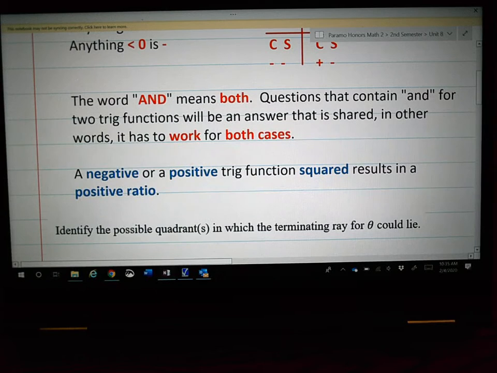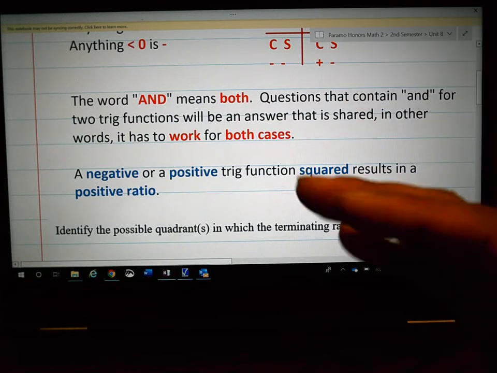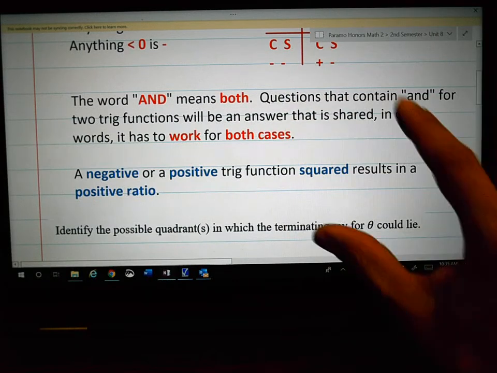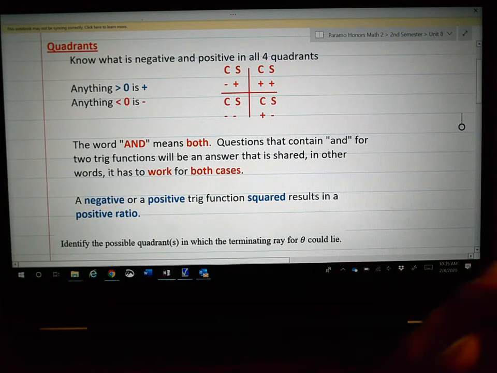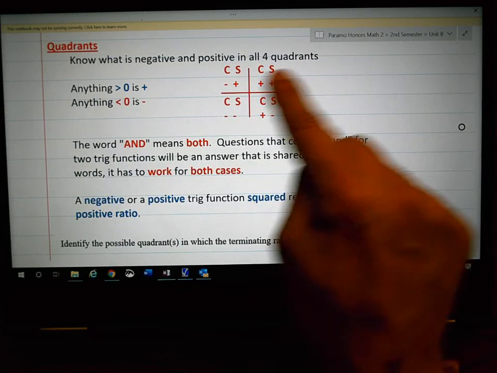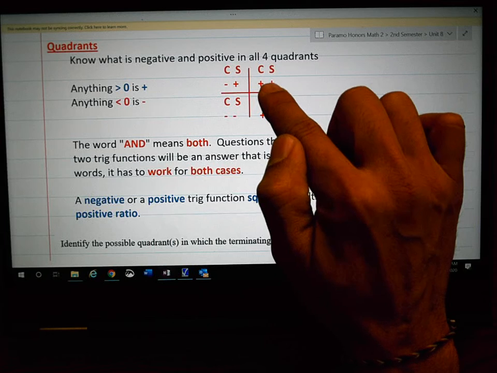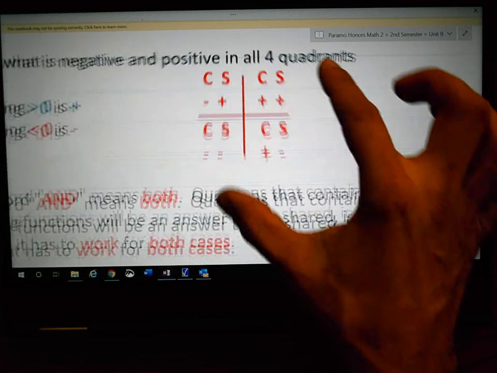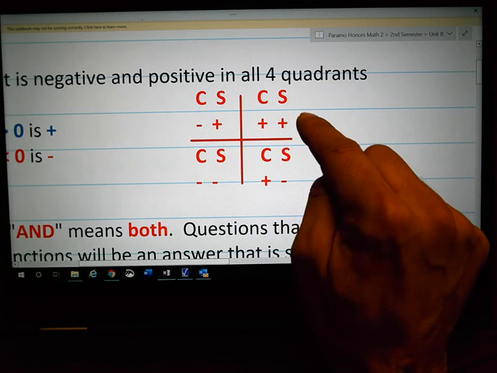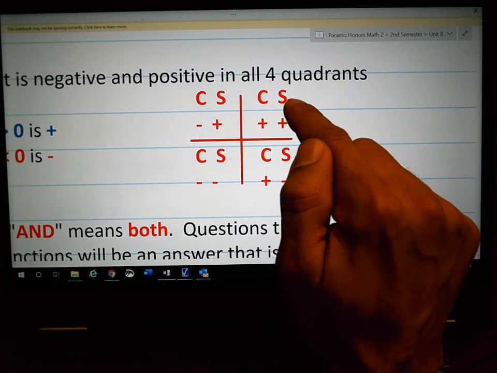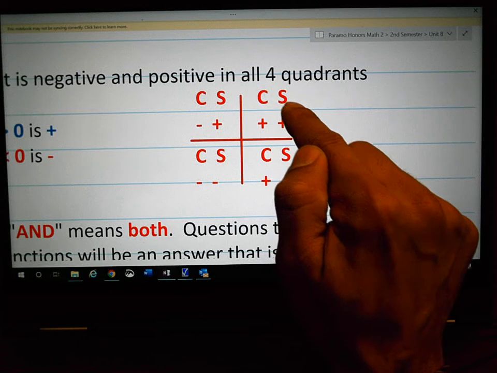So there's two ideas here. I divided your notes up into the top and the bottom. The top of your notes deals with what's positive and what's negative in which quadrants. So I wrote over here a little tiny graph: in quadrant 1, what's positive, the cosine, the sine, all of them are positive.